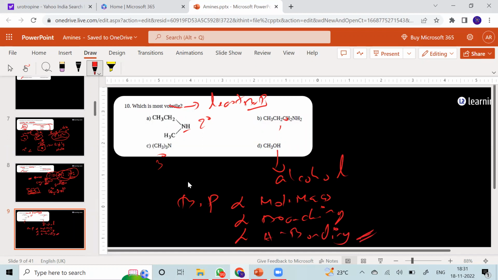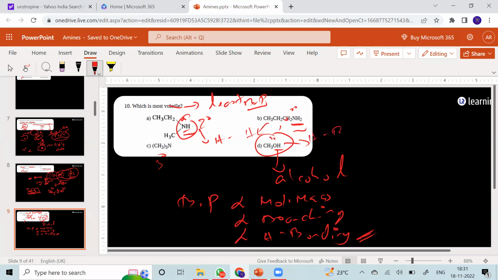Now, in this molecule, you have a hydrogen donor, that is an NH bond, and a lone pair is also there on nitrogen. So this can definitely be involved in hydrogen bonding. Same goes with this one. You have a lone pair and you have NH bonds. Same goes with this one, because oxygen has a lone pair and an OH bond is there.